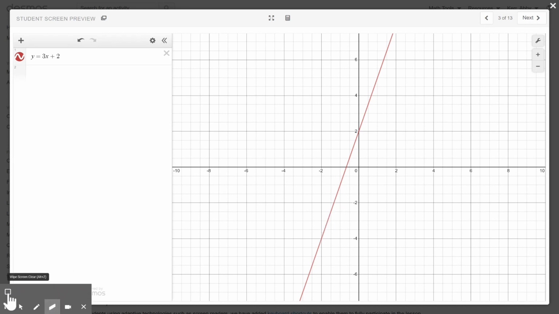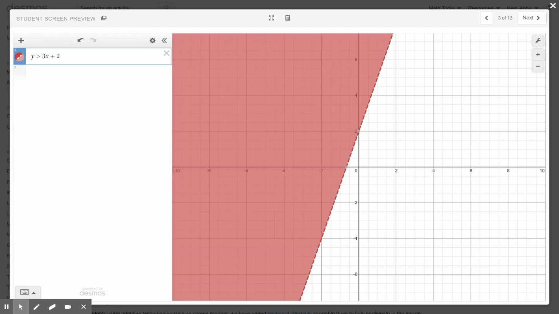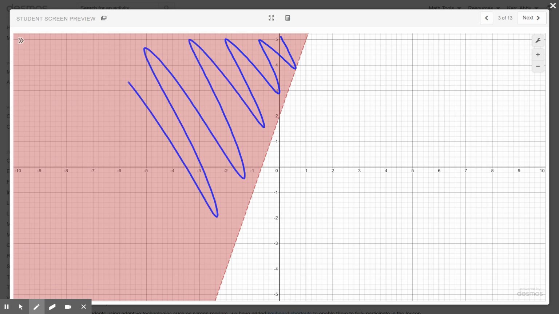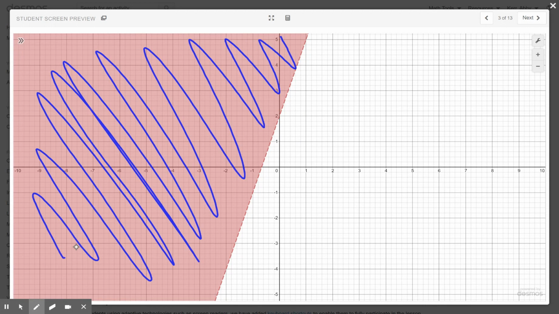Well, a system of linear inequalities takes that equation away, and let's say we put a greater than symbol. Then the shading happens. So this is what I'm talking about with the shading. All of these ordered pairs, every single one of them, would make the inequality true.